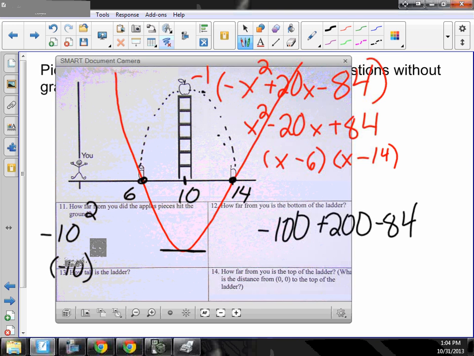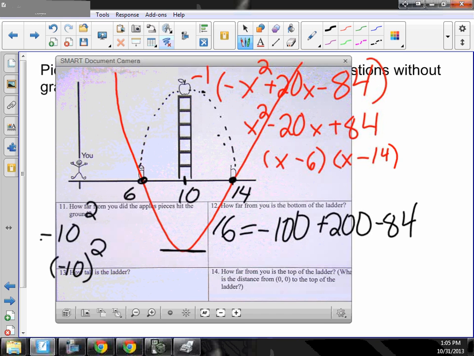This one says square the 10 and make it negative. This one says square the negative. And in this case, we're squaring the x, not the negative. So that's a good point. In my head, that equals 16. Okay, so the ladder is 16 feet tall.